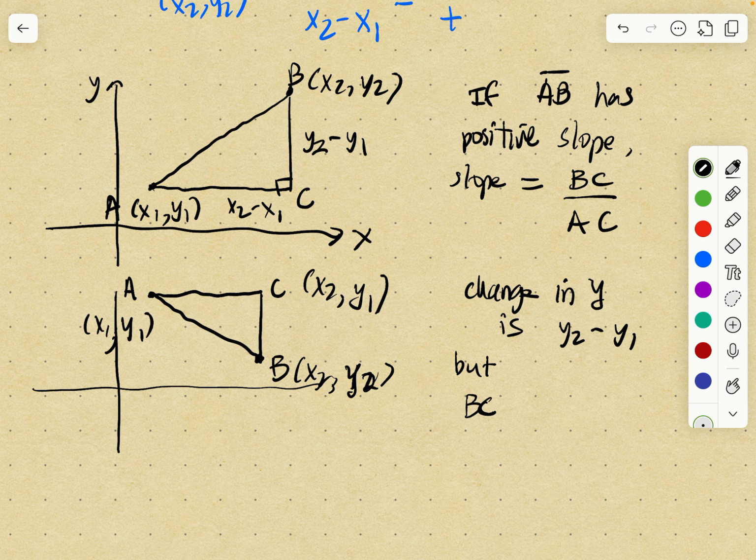Right? In this case, y2 minus y1 is negative because y2 is less than y1. But the distance from B to C is just positive. It would be negative 1 times y2 minus y1. So that's y1 minus y2.